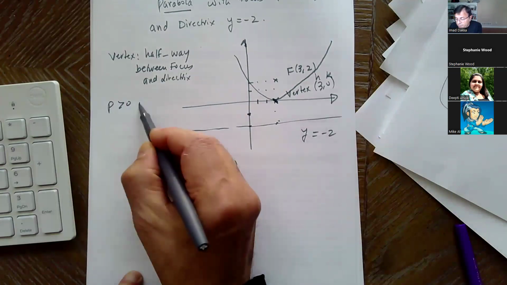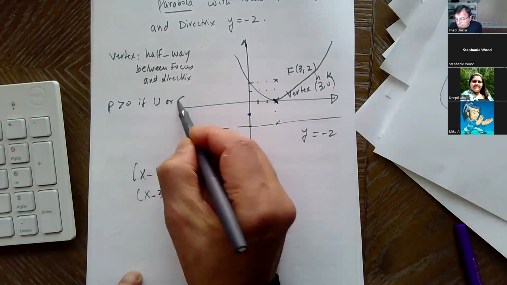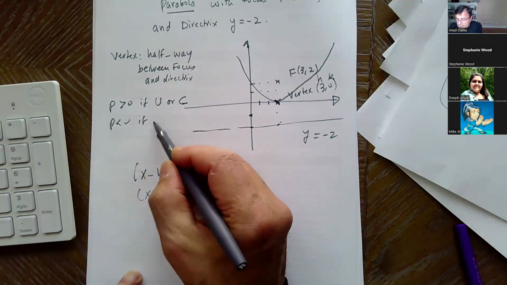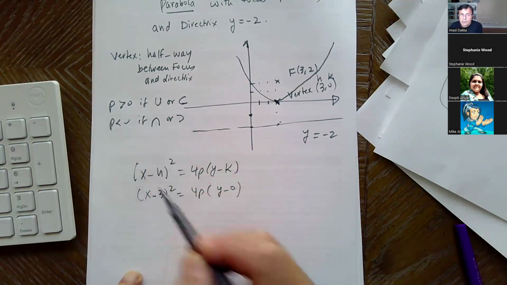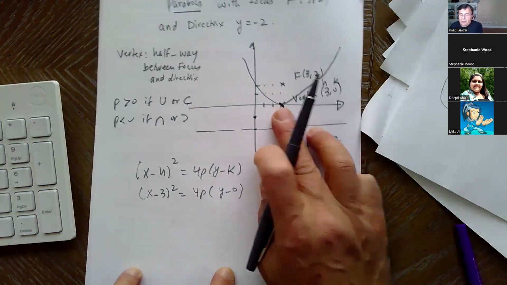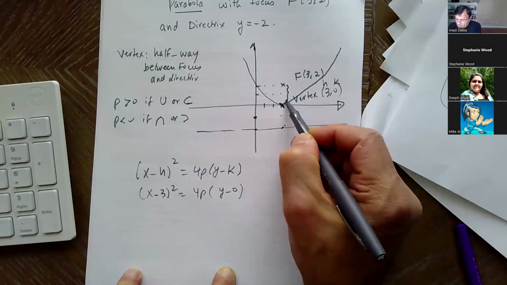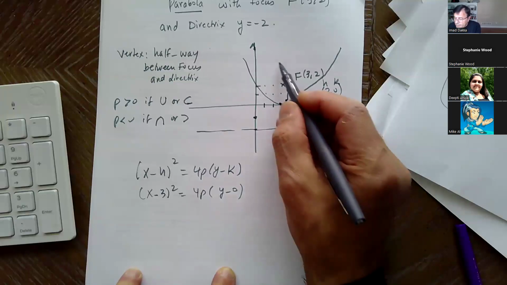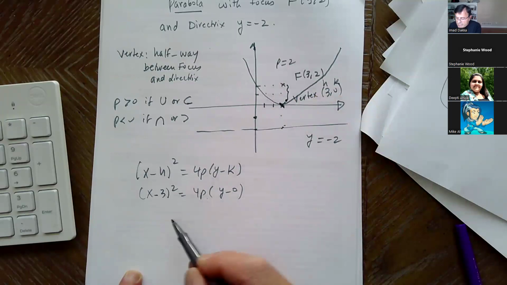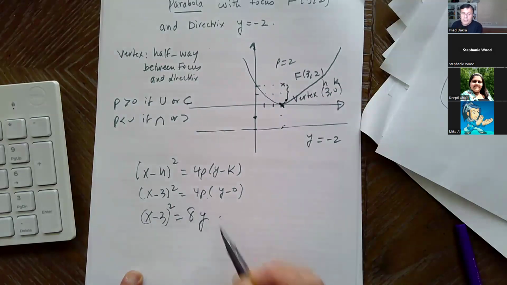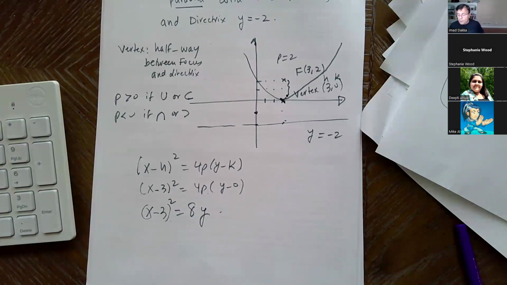Okay, so it's going to be positive, and it's that distance, which is 2 units, right? So P is 2. So 4 times 2 is 8, and that is the equation of the parabola with the focus at 3, 2, and directrix at y equals negative 2.